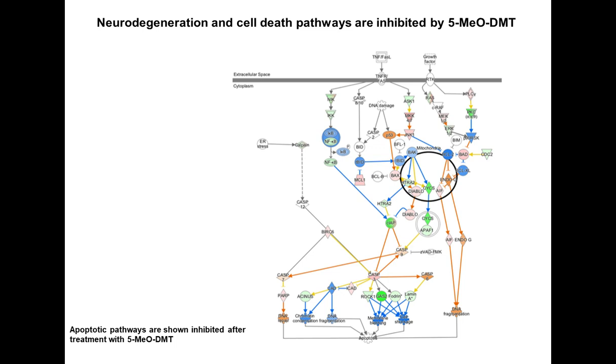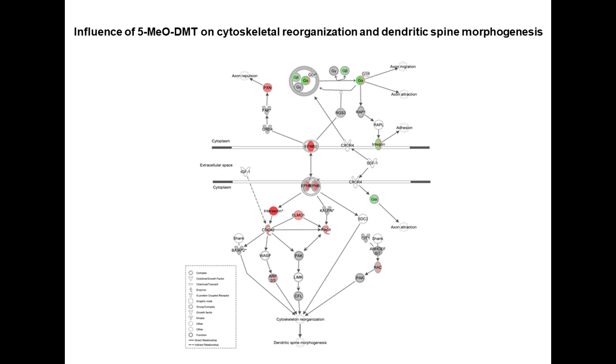So the goal of this work was basically to identify pathways changed by DMT in the brain tissue. Besides this change, we also observed a reorganization of the cytoskeleton and a change in the dendritic spine.